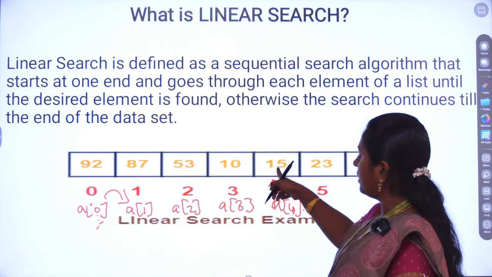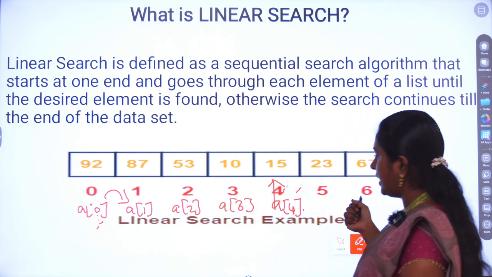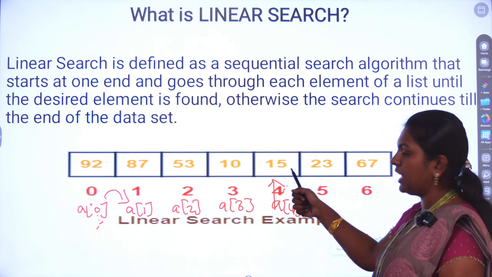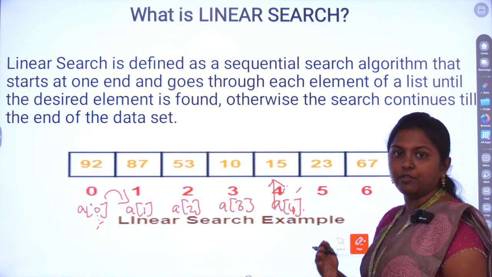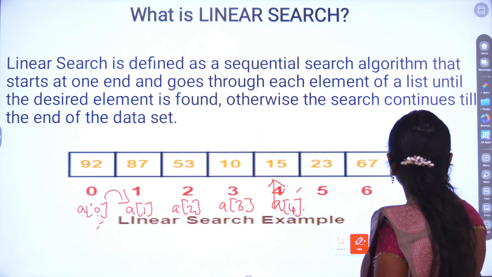A of 4 has the value 15. There are 7 elements in total, but the 5th element is our information. So one by one I am searching in order to retrieve the information I want. That is linear search.